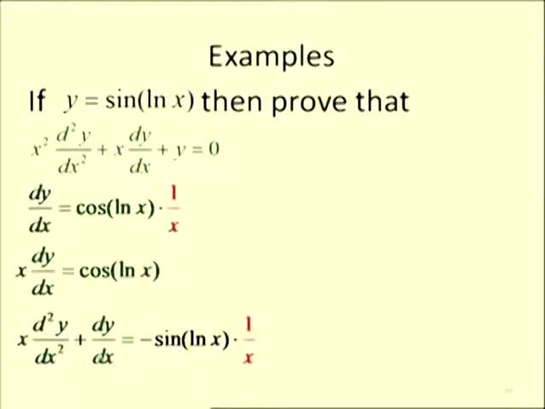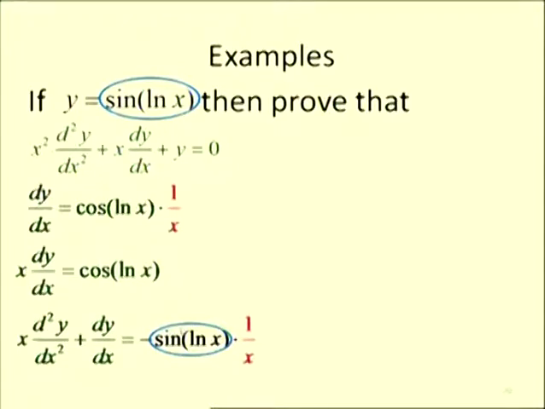Once again, this x, if we take it to the opposite side, or multiply the entire equation by x, we have x into x, that is x square, into d2y by dx2, plus x into dy by dx, and this sin log x is y. So this can be replaced by y.